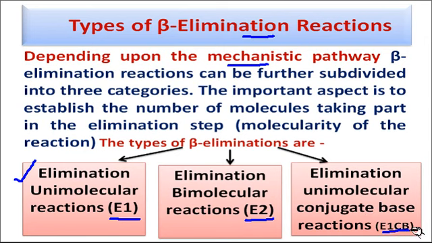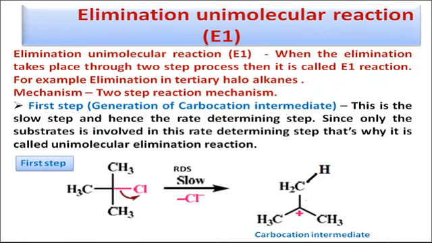So beta eliminations are the 1,2 elimination reactions. Depending upon the mechanism of the elimination, these are classified into 3 categories: first, E1 reaction, second, E2 reactions, and third, E1CB reactions. So let us discuss one by one all of these reactions.